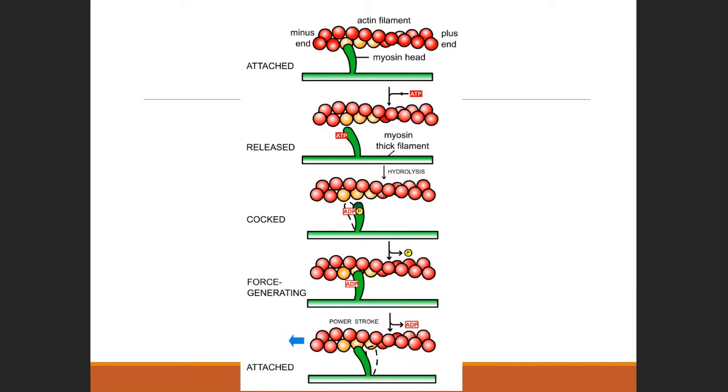It reaches further up the actin filament and orients itself towards the second binding site. When the phosphate group comes off, loses its junction with the myosin head, we get a reattachment of the myosin head.